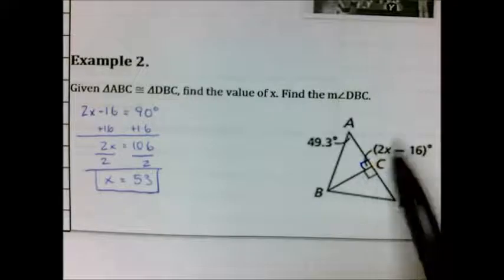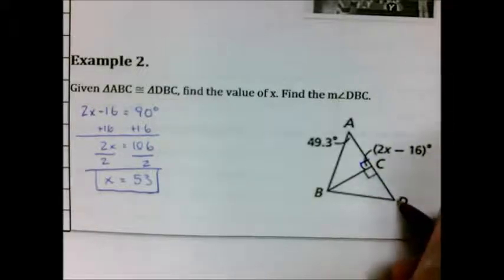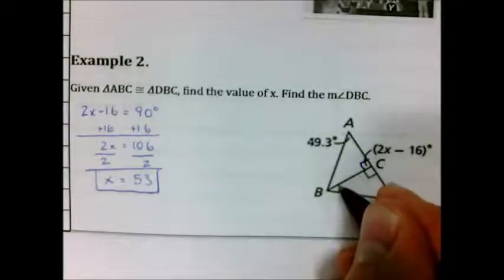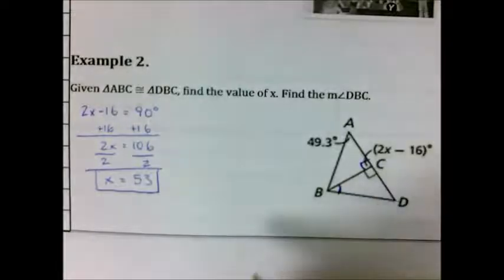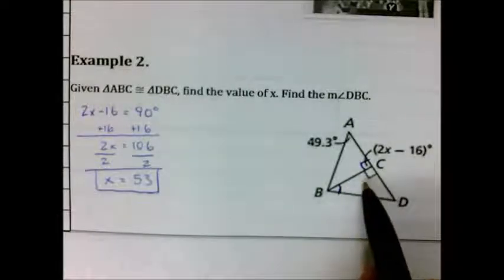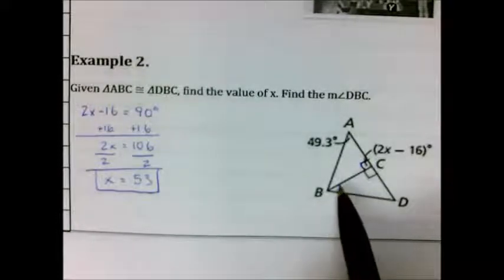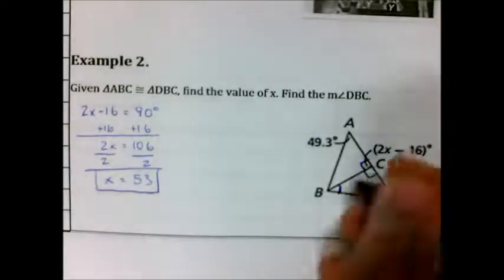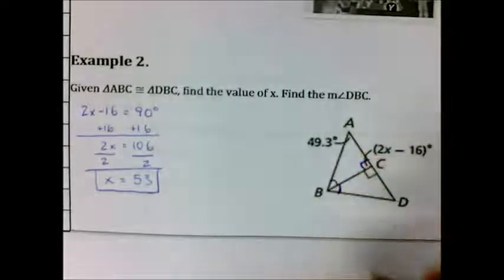Now it wants us to find the measure of angle DBC. So we're looking for this angle measure right here. If these are congruent triangles, then this measure right here is congruent to this measure over on this side.